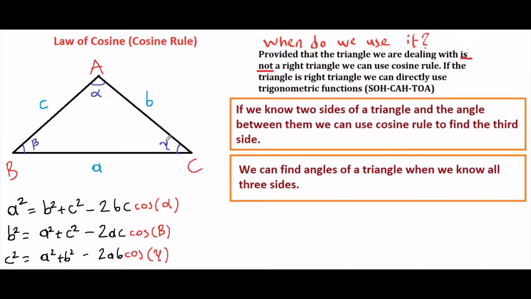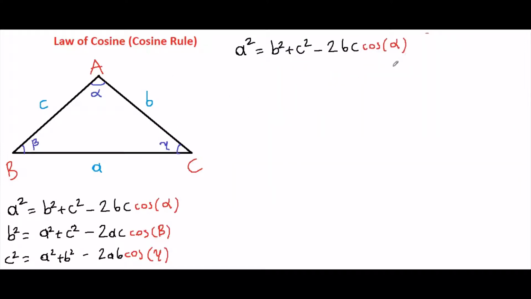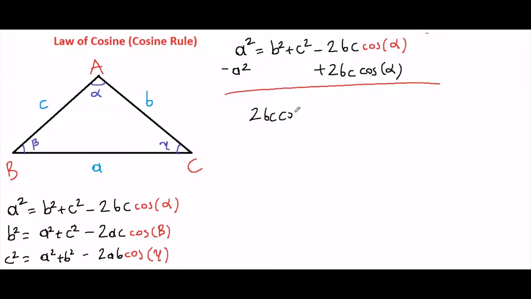Let's derive the angle formulas. In this formula, we can solve for alpha. So our step 1 is to subtract A squared on both sides and add 2BC times cosine alpha on both sides. So what we obtain will be 2BC cosine alpha on the left hand side is equal to B squared plus C squared minus A squared.